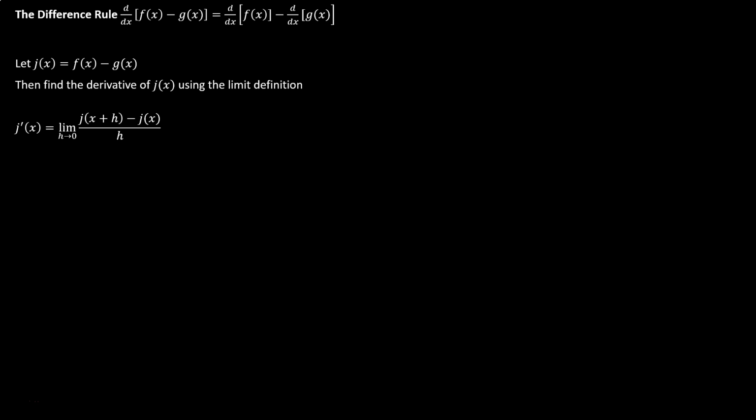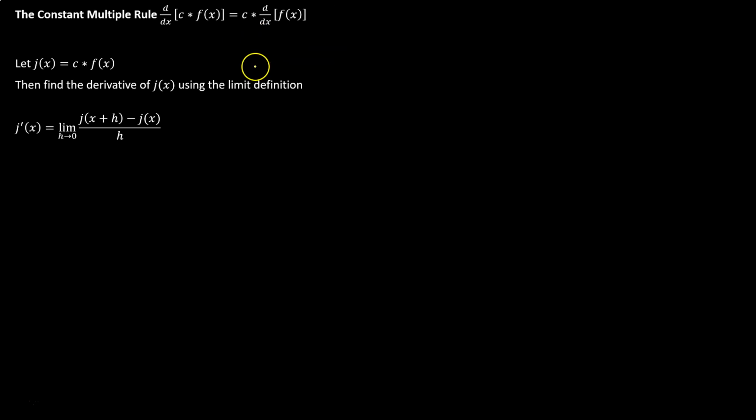The only thing that would be different is that between f and g we have a minus sign. And so when we split our big limit definition into two smaller ones, instead of adding those together, we would subtract them. For the difference rule, we can say that the derivative of a difference is equal to the difference of the two derivatives.